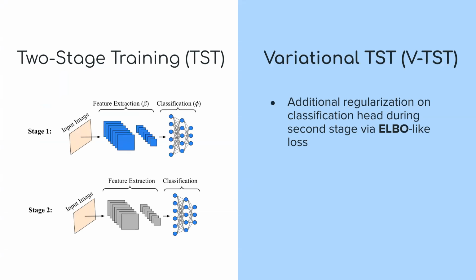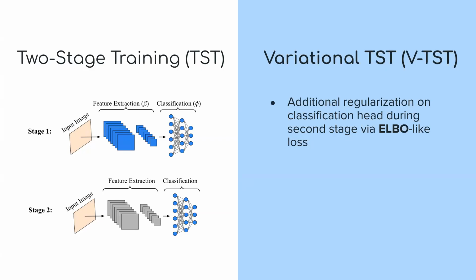They present two variations of the so-called two-stage training method, namely two-stage training, TST, and variational two-stage training. In TST, the model is first trained from scratch using cross-entropy loss. And then in the second stage, the parameters of the feature extraction layers are frozen, and the classification layer is replaced by an MLP classification head, whose size is determined by the latent dimension Z, or which could just be the last layer itself, reinitialized.